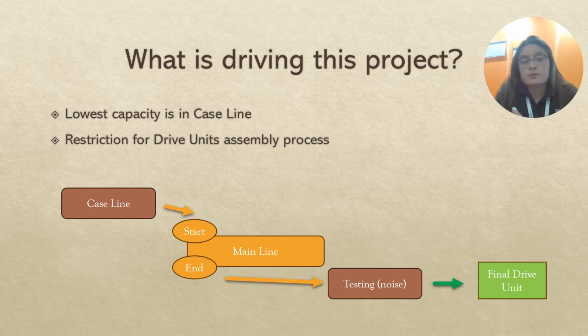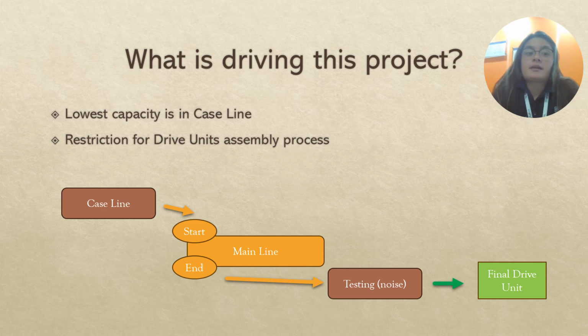In this process, we have to review if there is anything wrong with the case line and the cold plug process that we made, and if it's okay, then there is a final drive unit ready to be shipped to the assembly plant.